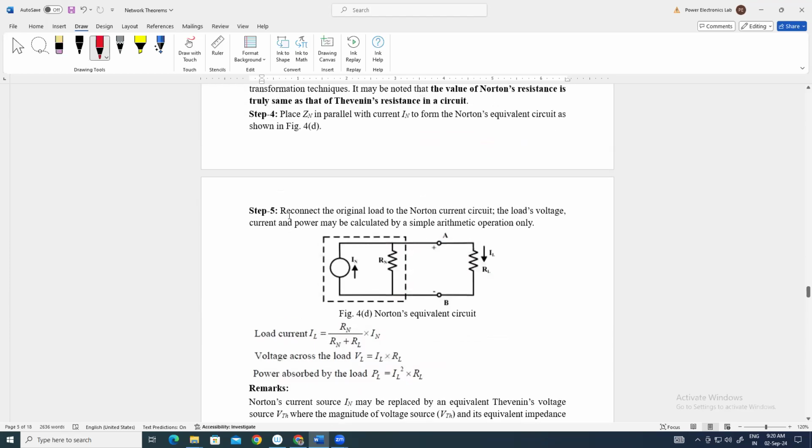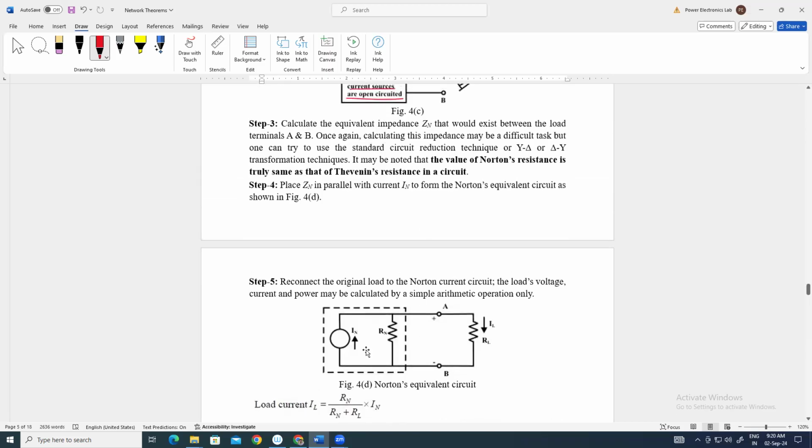So in step 4, for the Norton equivalent circuit, after calculating Zn and In, we have to place them in parallel, and that will create the Norton equivalent circuit.